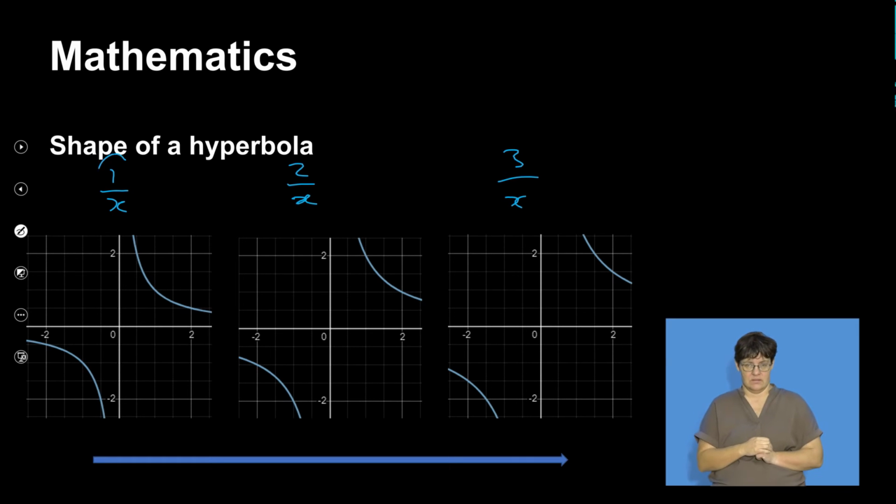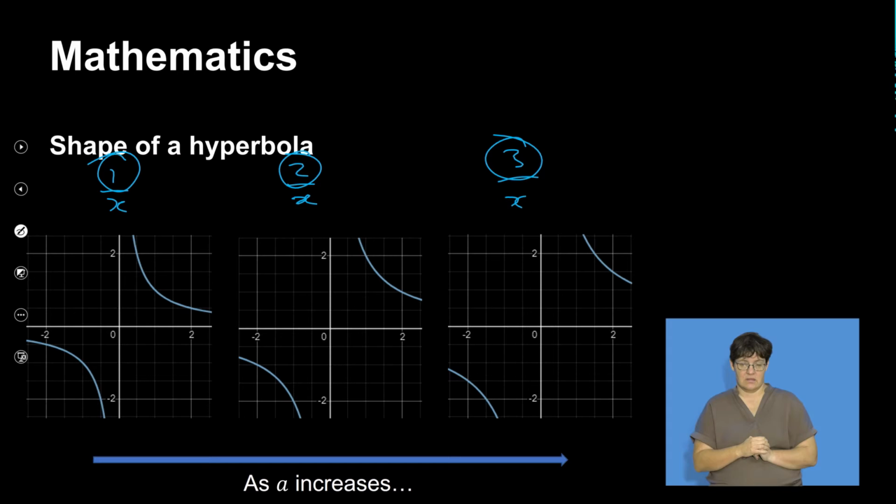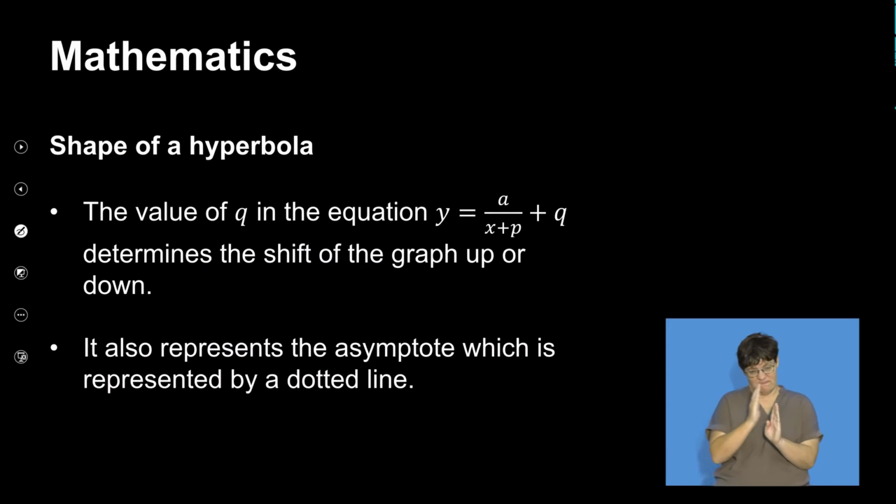So you can see my value of A was 1, it became 2, and then it became 3. So what this means is, as A is increasing, the graph is also becoming steeper, right? Or it becomes a bit further from the y-axis, which is what the value of A tells us in terms of the shape of the graph.